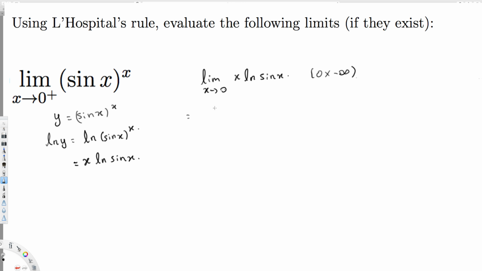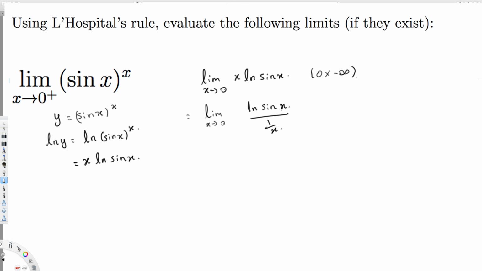So let's see what else we can do. The limit as x approaches 0, instead of writing x on top, I'm bringing it down: ln sine x over 1 over x. It's the same thing, because it's flippable.